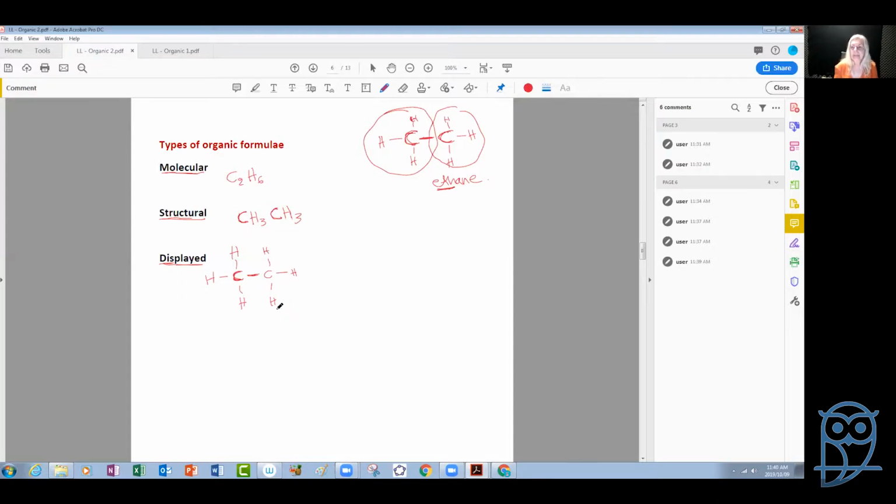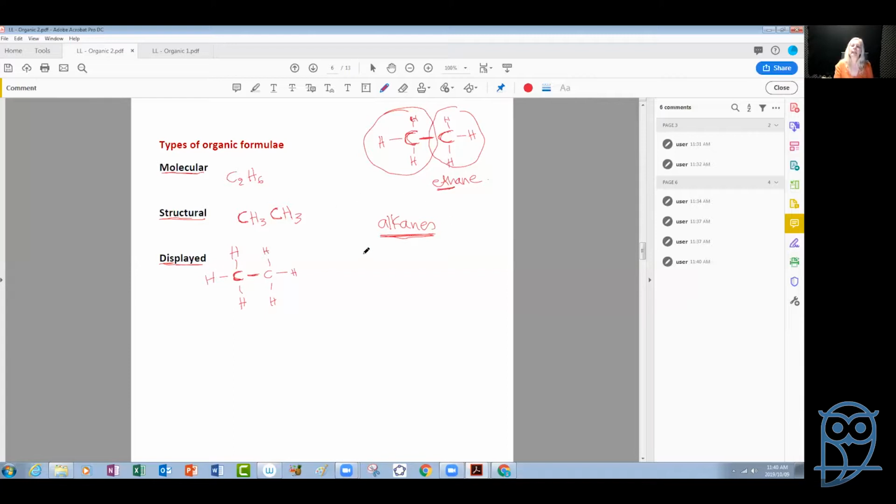So another thing that we need to talk about now, because we talked a lot about alkanes up to now. The alkanes are this type of hydrocarbons that have all single bonds. It's a family of organic compounds which we call alkanes.